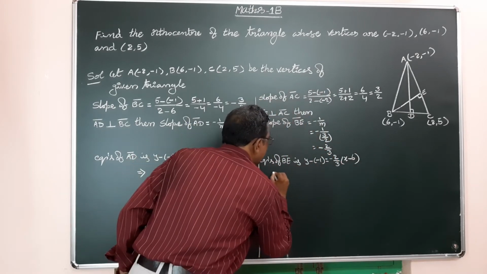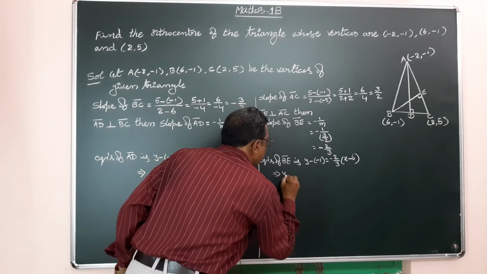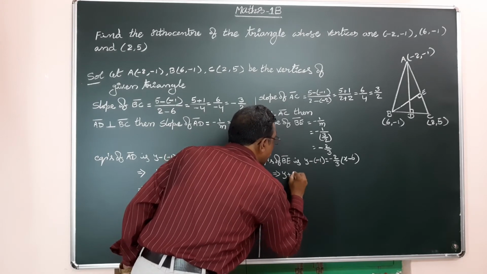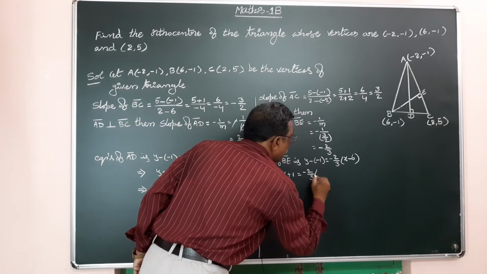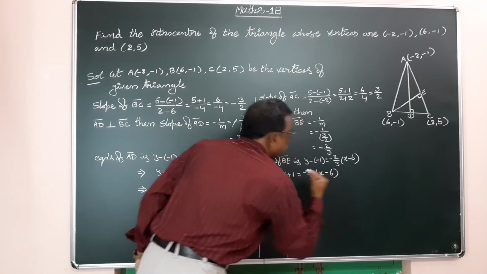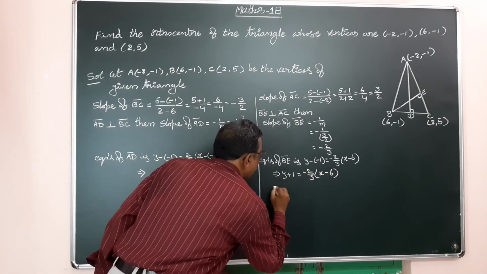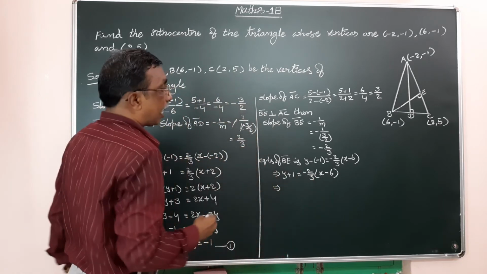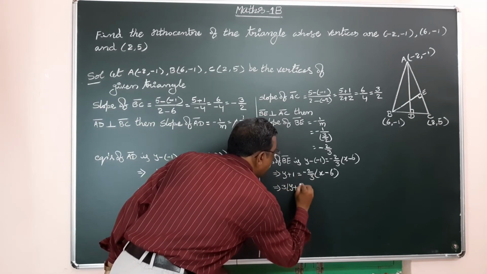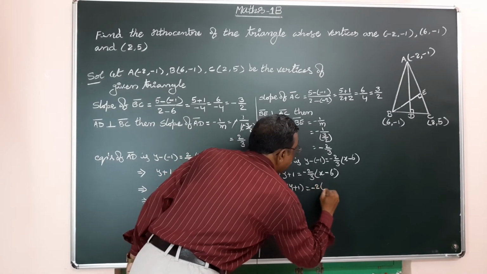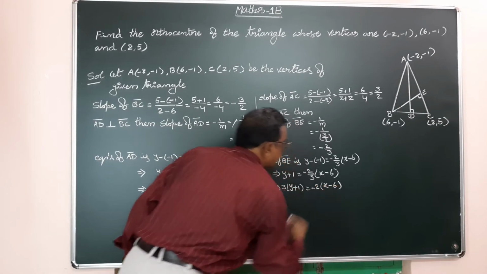That implies y minus into minus plus 1 equal to minus 2 by 3 into x minus 6. By using cross multiplication, 3 into y plus 1 equals minus 2 into x minus 6.